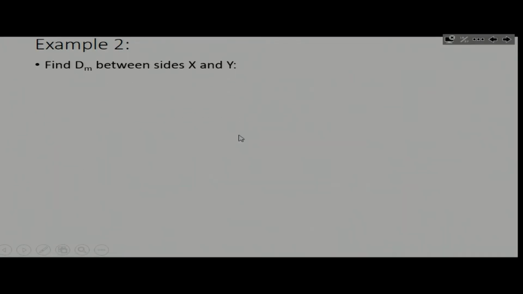So Dm between sides x and y. So Dm is the mn-th root of DAD, DAE, DBD, DBE, DCD, and DCE. So those are the distances.